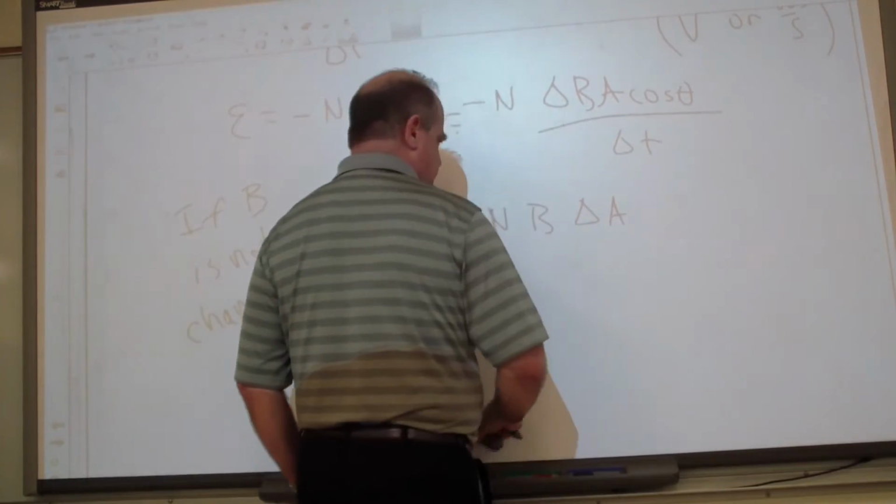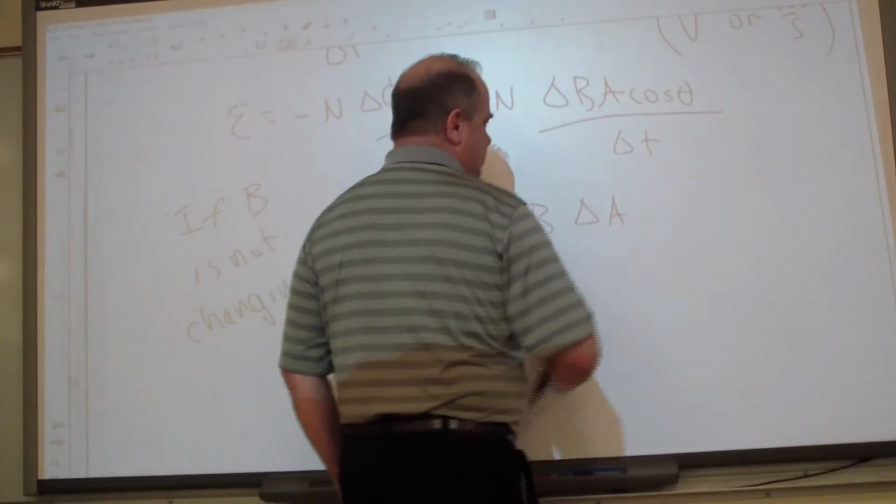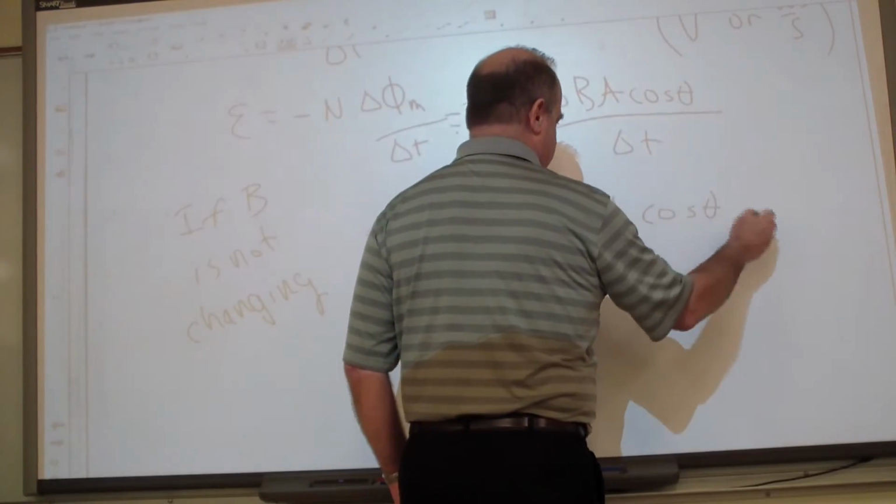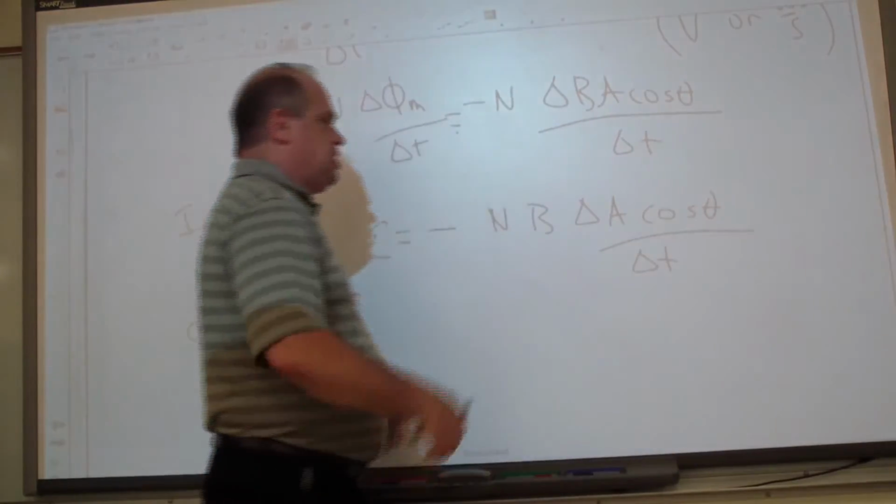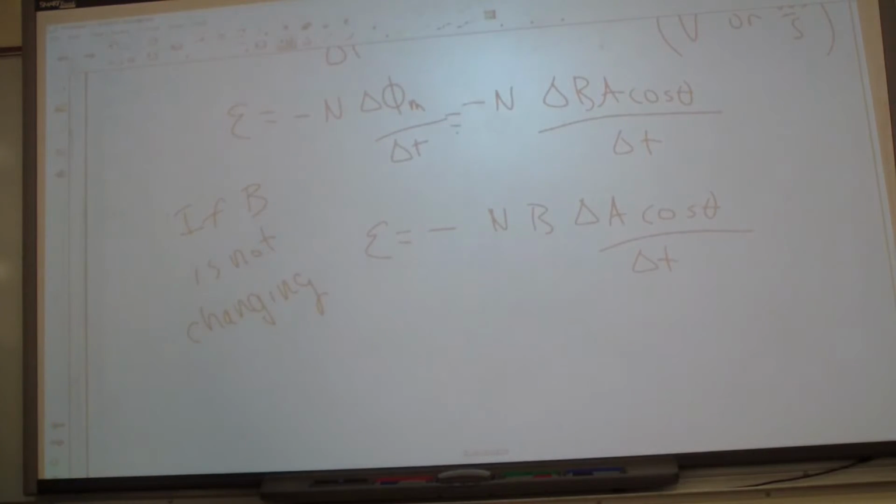And let's say the theta is not changing either. Well, whatever is changing, guys, has got to be within the delta. But whatever's not changing comes outside. It doesn't go away, it just comes outside the delta, just like a derivative.